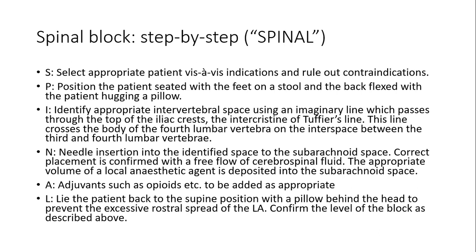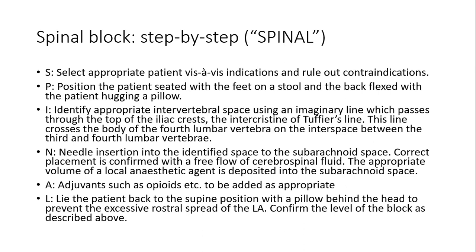After which you deposit the appropriate volume of your local anesthetic agent into the subarachnoid space. Sometimes we add adjuvants such as opioids or vasoconstrictors like phenylephrine or epinephrine, to increase the quality and the duration of your anesthesia.